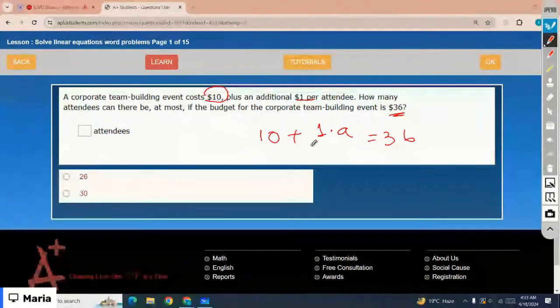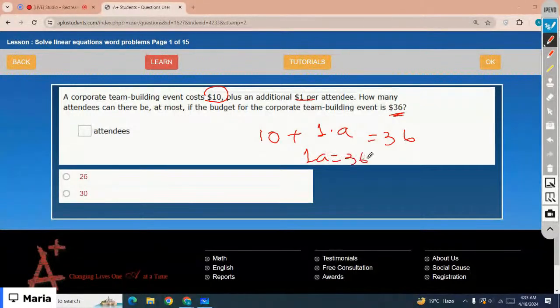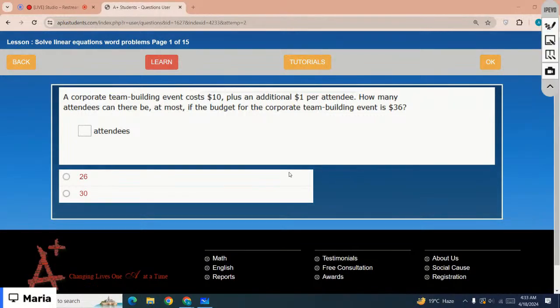You have to solve this equation for A. So 1A equals 36 minus 10, and A equals 26. That means the budget is $36, so 26 attendees can attend the event. The correct option is 26. Option number 1 is the correct option.